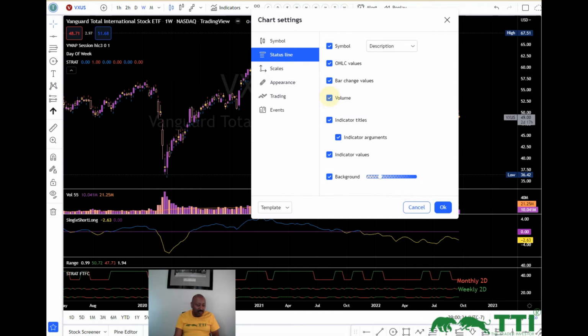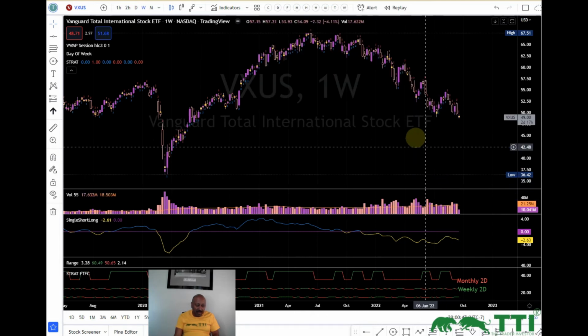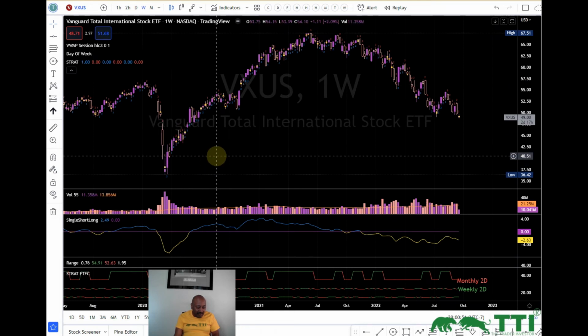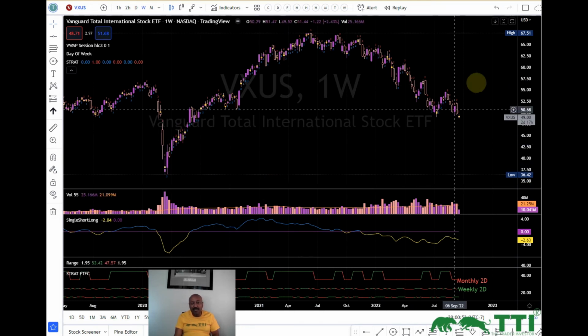So here, volume. You can add this volume. They're different, right? So this is built-in volume, which I think I've said hide. That's probably why you're not seeing it on here.